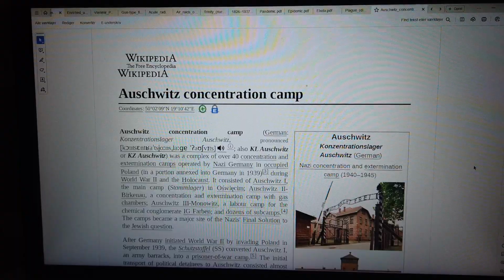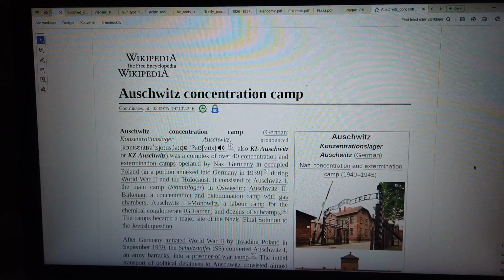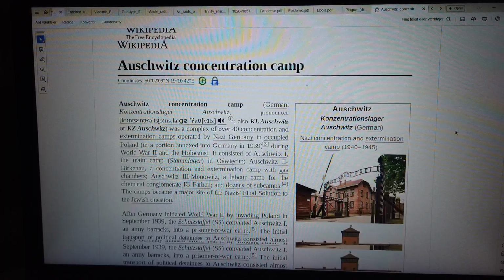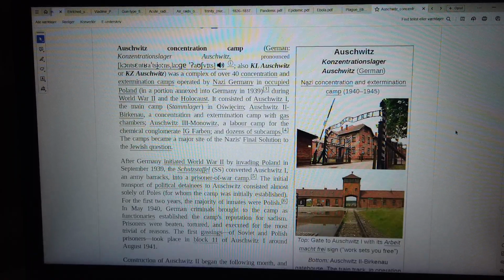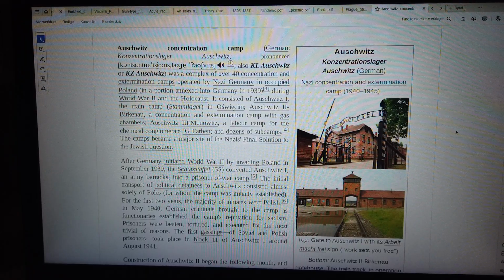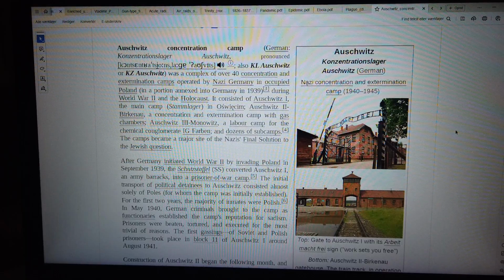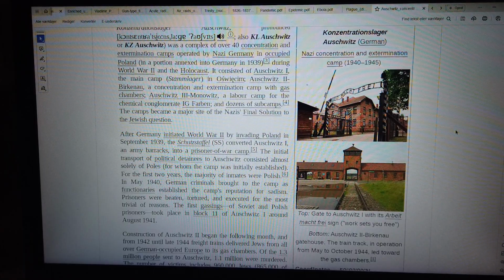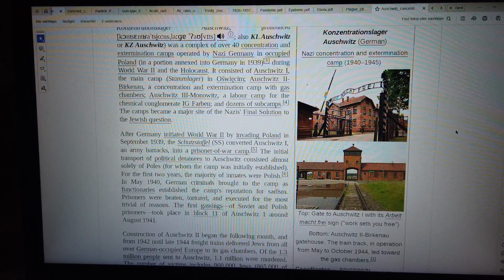Auschwitz concentration camp. Coordinates 50 degrees 02'09" N, 19 degrees 10'42" E. This is a good article. Click here for more information. Page extended protected. Auschwitz concentration camp, German Nazi concentration and extermination camp, 1940-1945.